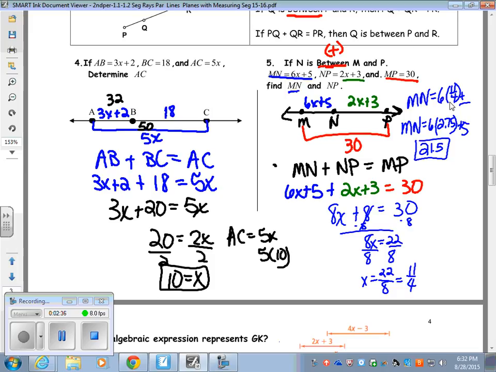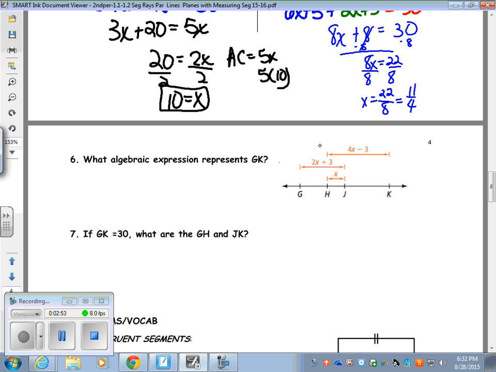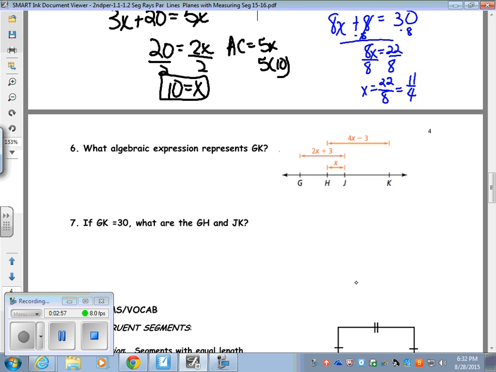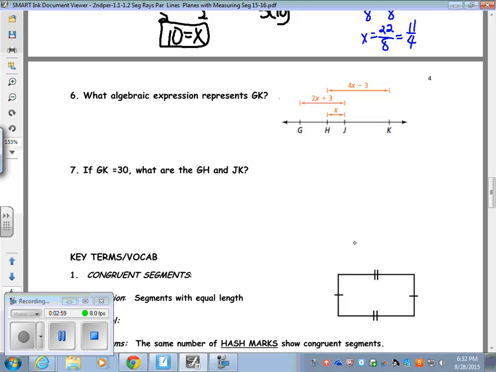So, if MN is 21.5, and I already know the whole segment is 30, you do mental math, just subtract to find the missing segment NP. And that would give me 8.5. Okay? So get in the habit of, once you have the value for x, you plug it back in to get the segment length.